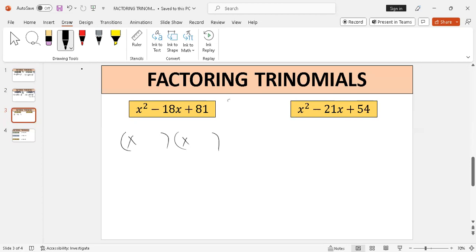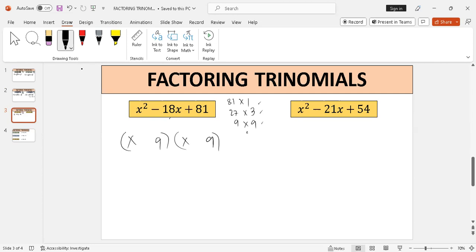We have 81 times 1, 27 times 3, and then 9 times 9. Alin kaya dito sa pairs of factors na ito yung kapag pinag-add or kapag pinag-subtract nyo, 18 yung sagot? It's 9 times 9 kasi 9 plus 9 is 18.